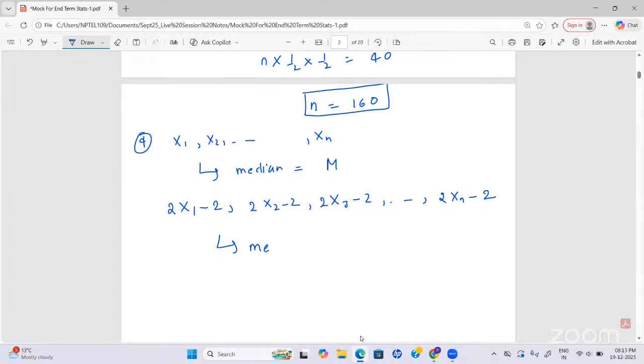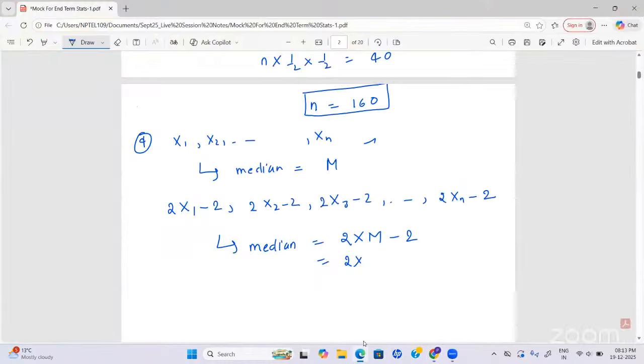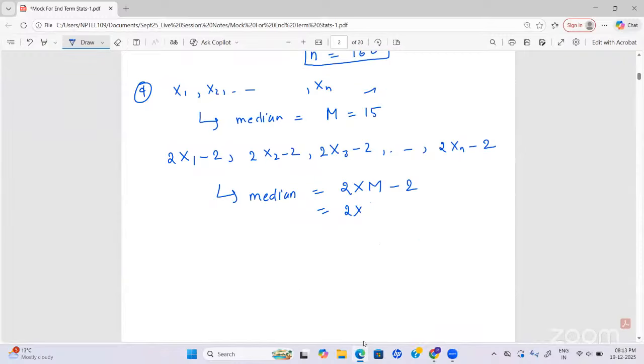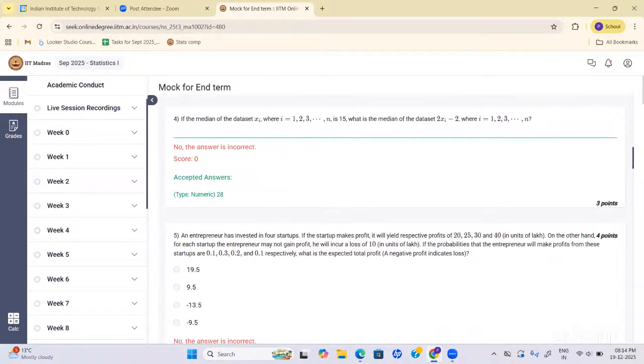In this case, the median will be m multiplied by 2, and then subtract 2. The median for the original data set is given as 15. So this will be simply 15 into 2 minus 2, so that will be 30 minus 2, which is 28. Is this clear to everyone? Yes, ma'am. Okay, then the next question.